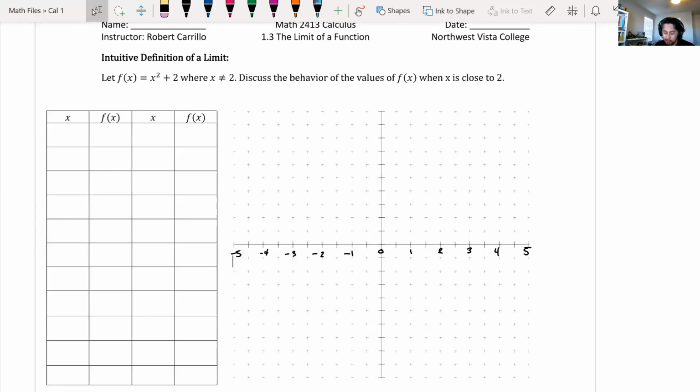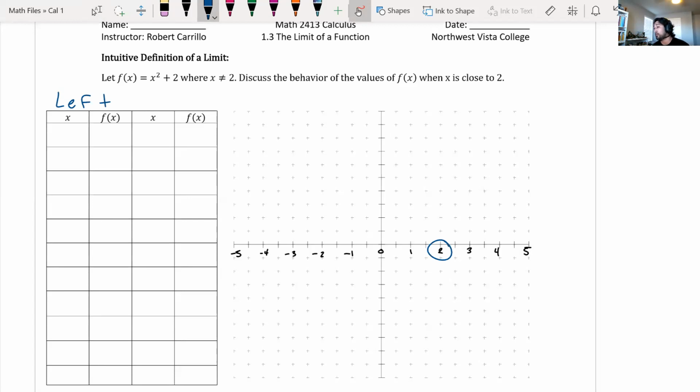So we're going to start with a left-hand limit, as you see on the chart on the left side. Whenever we are taking a limit from the left side, this means you are approaching that number from the left, basically from the left of the x-axis. So here's 2.